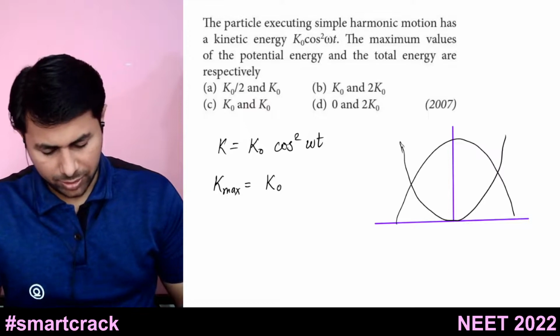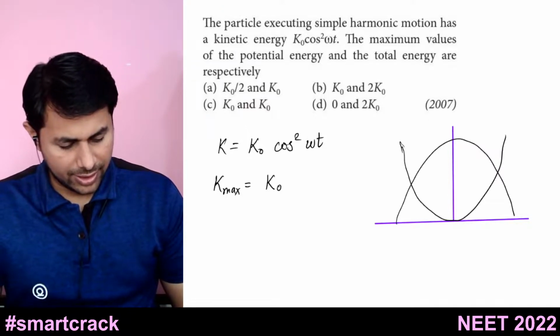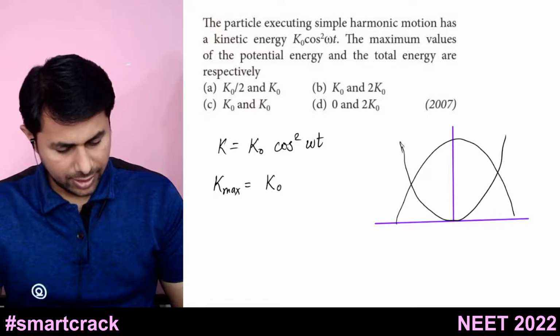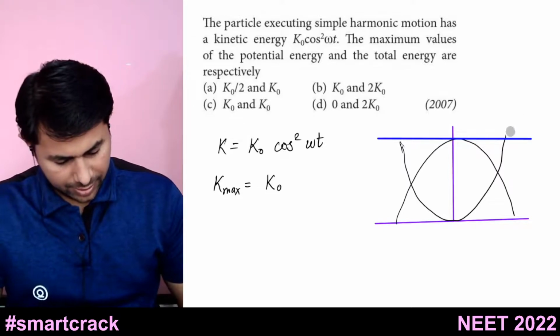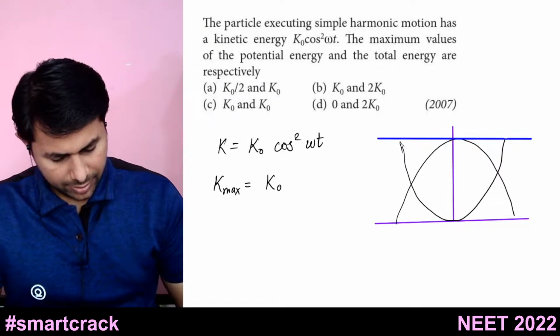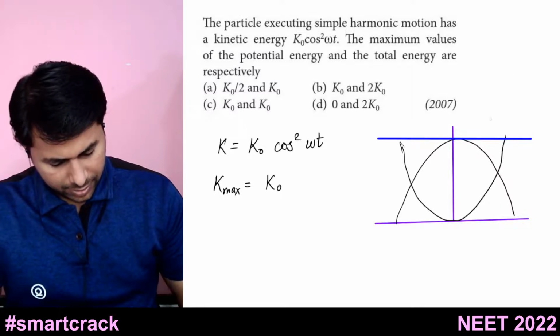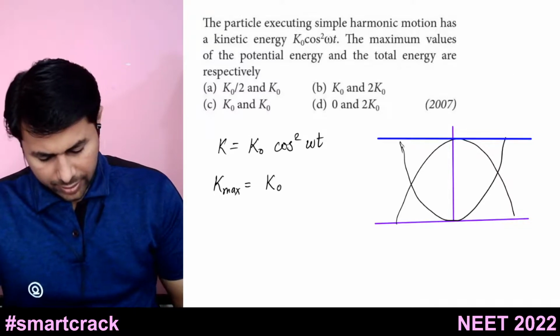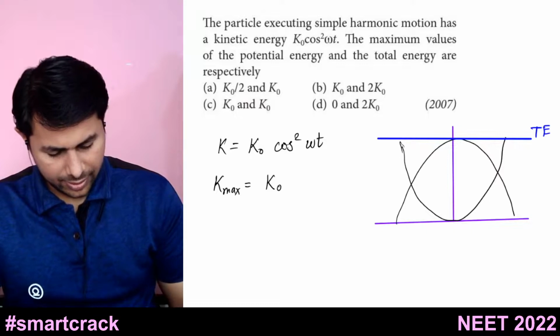And the addition of those two is constant. The total energy is constant. And how much is the total energy? Let's say it is this much. So how much is the magnitude of total energy? It's this much.